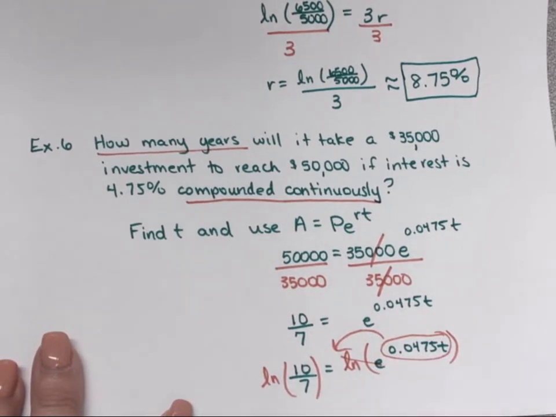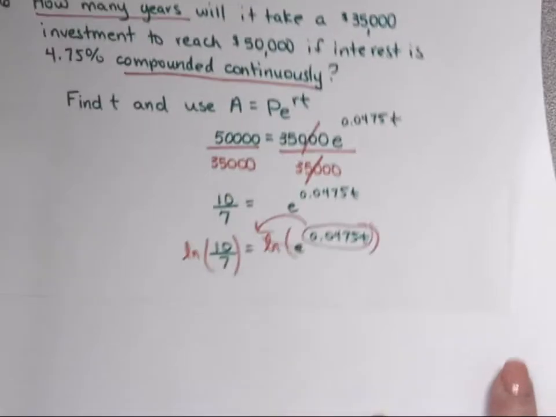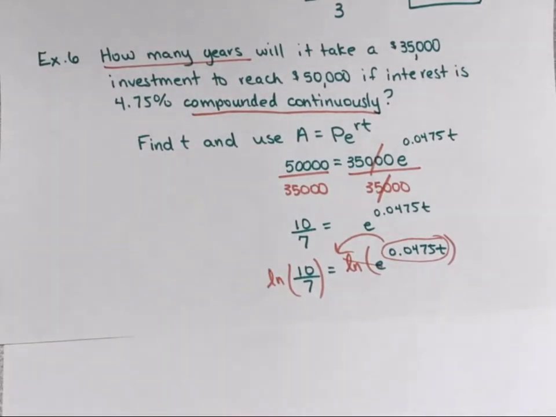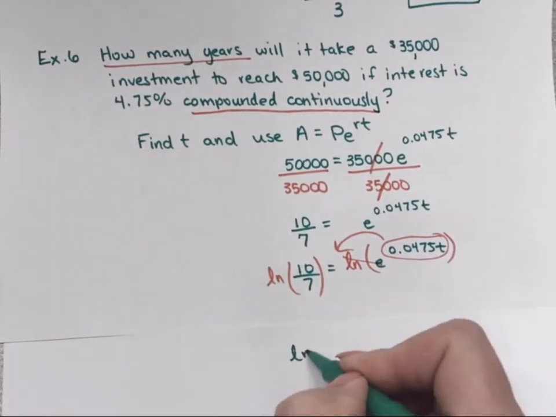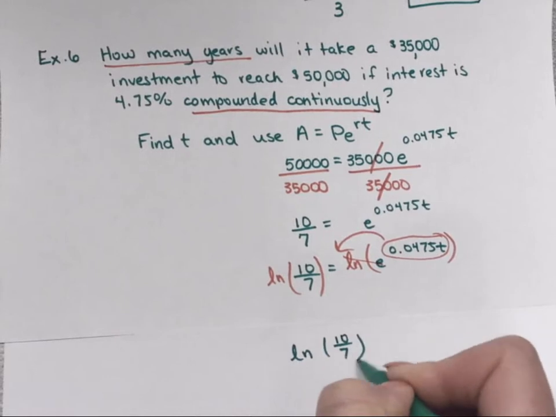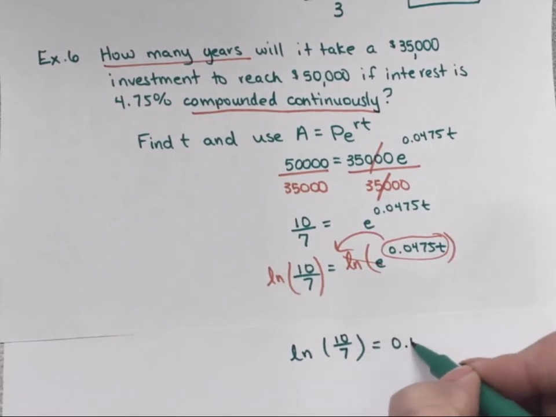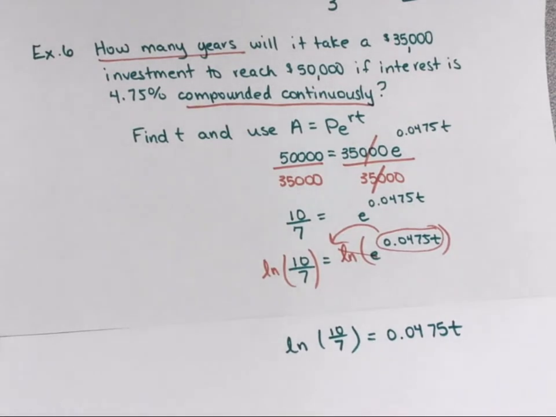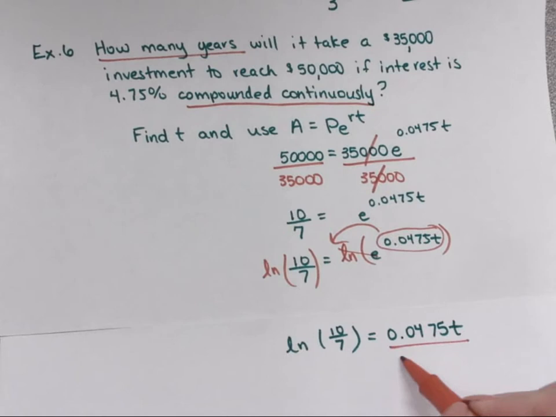Okay, so we end up getting what? So far, we're not done yet, but what do we end up having? We have natural log of 10 over 7 here, and we have the 0.0475 t here. So who cares if that's a decimal? It's that decimal times t, and I want to know what t is, so what can I do to undo that decimal? Just divide. The opposite of multiplication is always division.